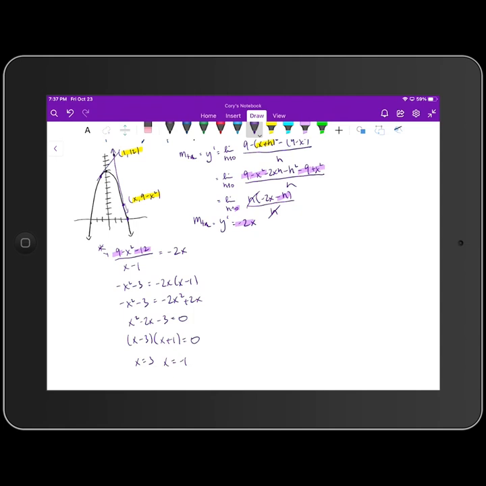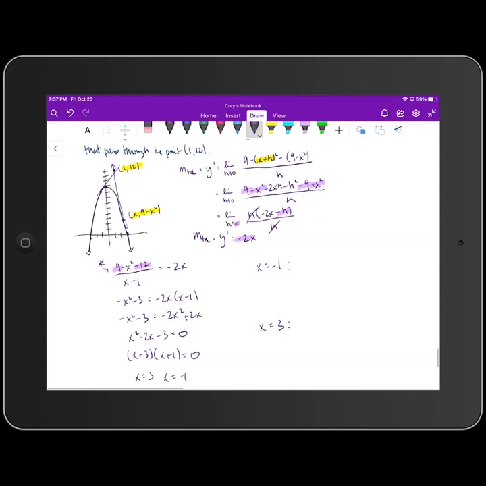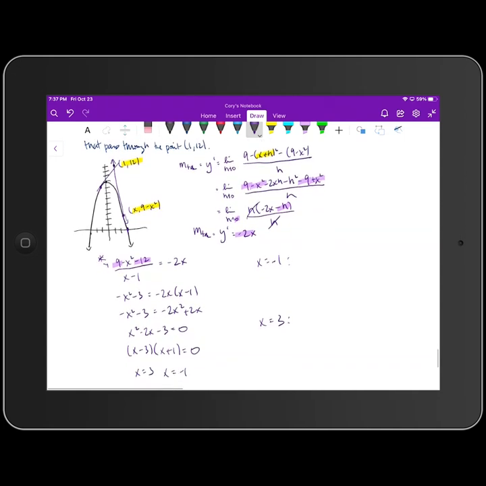These are our 2 points: x is equal to negative 1 and x is equal to 3. If we want to find the equations of the tangent lines at those 2 points, the 2 things we need to find are the slope of the tangent line at those 2 points and also the y-coordinates of our points of tangency at those 2 points.